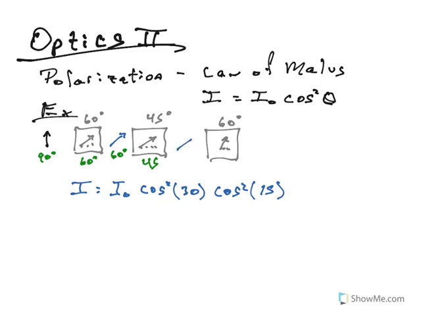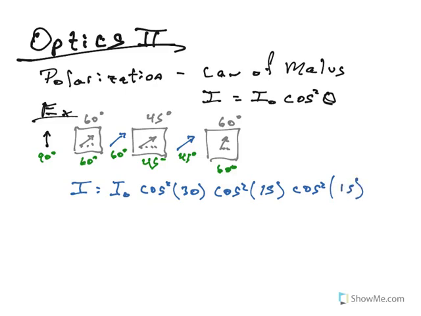So now I'm through this one, I'm now at 45 degrees, and I'm trying to get through the 60 degree polarizer, so again I get another cosine squared. The angle: I'm going from 45, trying to get to 60, so 45 minus 60, that's 15 degrees.